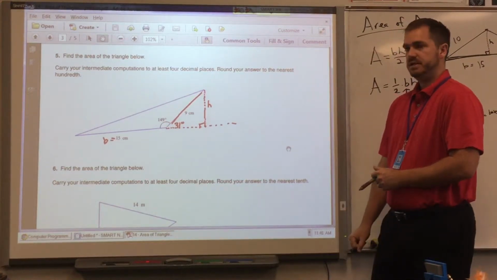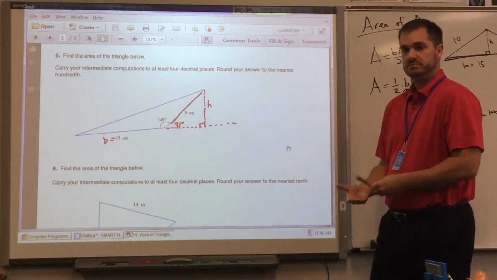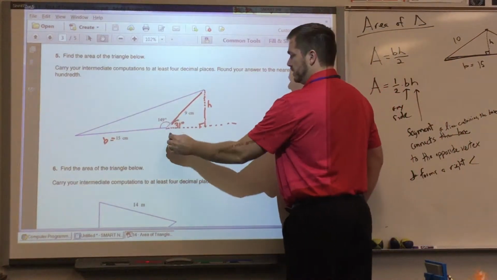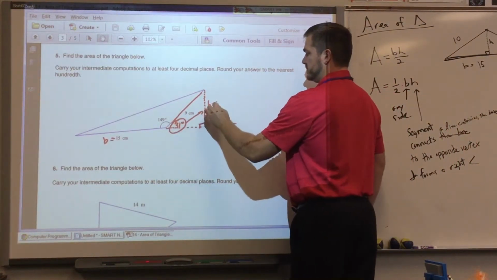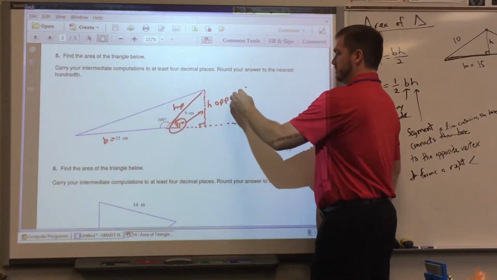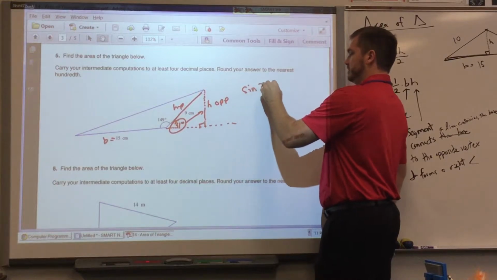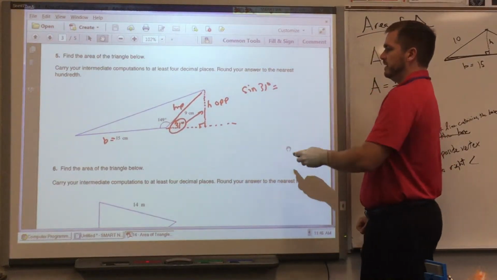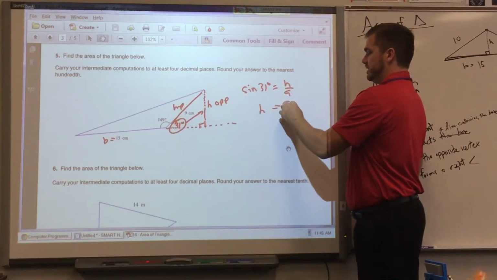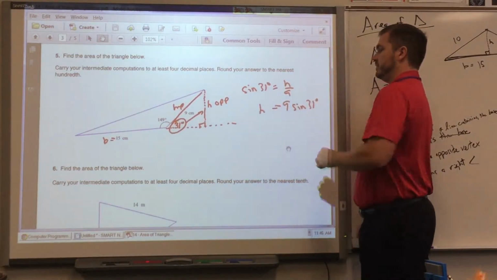What do y'all like? Sine, cosine, tangent? I'll circle the angle. This is the opposite, so it's the hypotenuse. Yeah, sine. Noticing a pattern here. I'm not going to tell you. Sine 31 equals h over 9. So h equals 9 sine of 31 degrees.